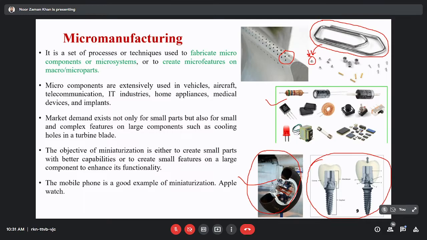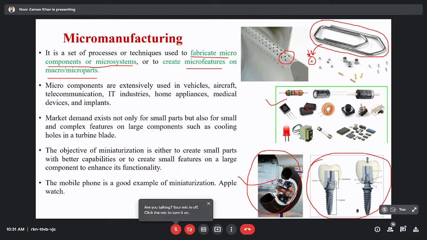Micro manufacturing is nothing but a set of processes or techniques used to fabricate micro components or microsystems, or to create micro features on micro or macro parts. So micro manufacturing is not always about creating micro components or microsystems only.